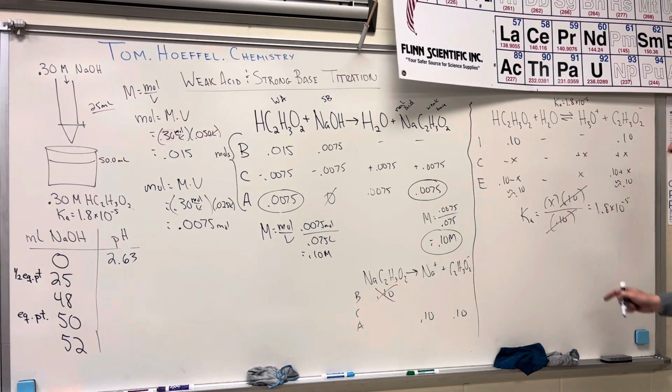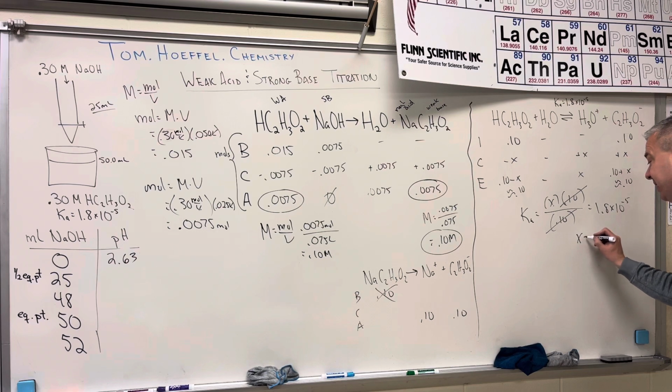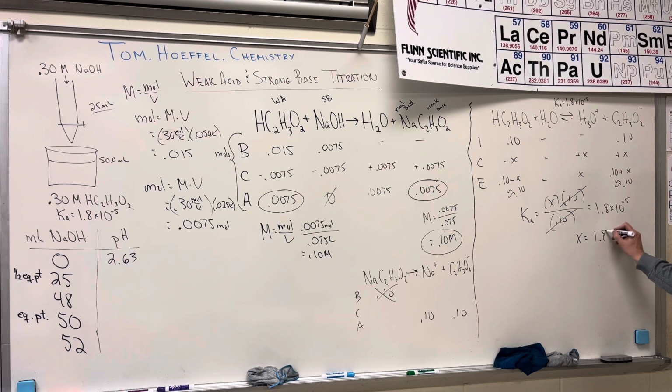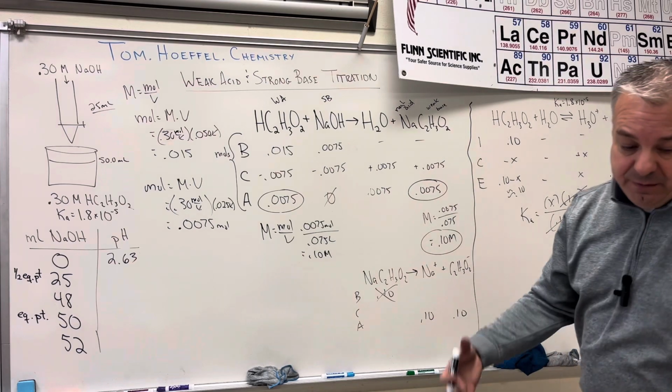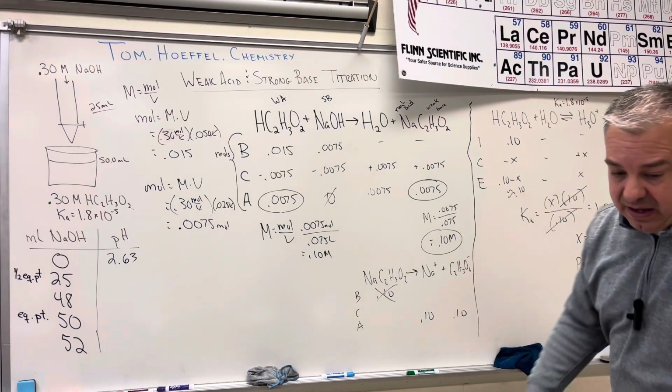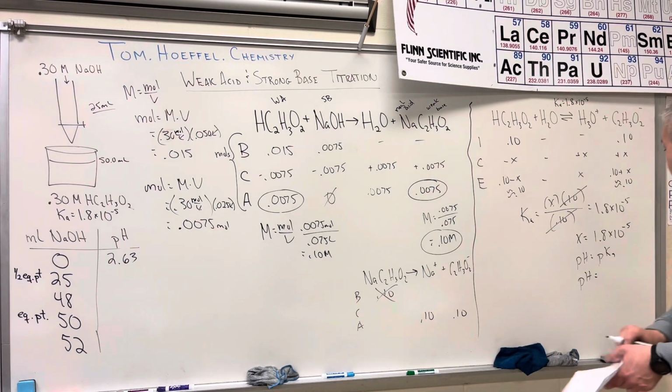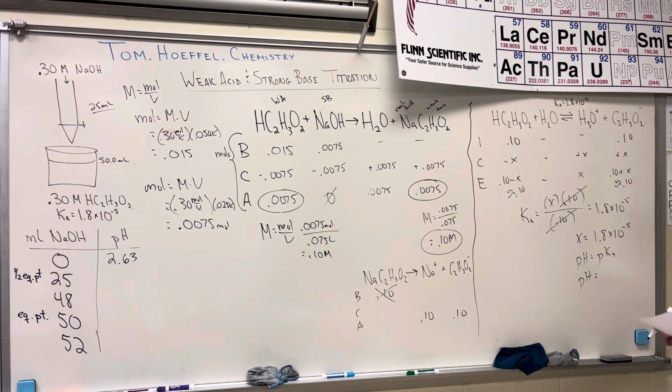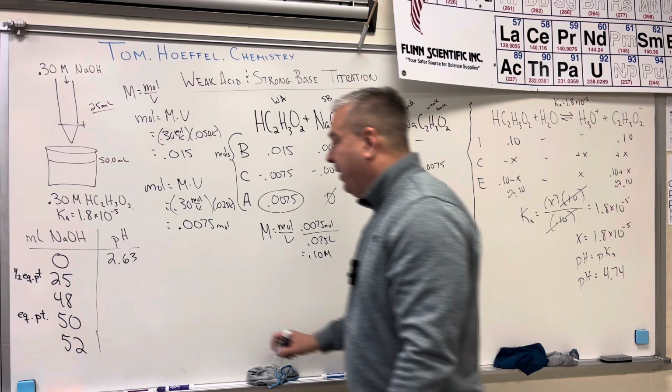So x, which is equal to hydronium, is simply equal to your Ka value, and that's where we say pH is going to be equal to pKa. So all I have to do is take the negative log of the equilibrium constant to get the pH, and we end up finding that the negative log of 1.8 times 10 to the negative 5 gives us a pH of 4.74.